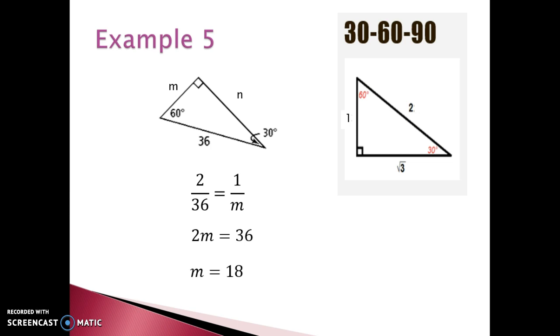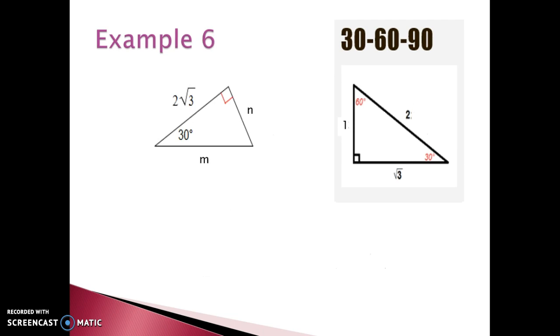I divide by 2, and m equals 18. I need to set up another proportion, so I'm going to use this 2 over 36 again, and then I'm going to do the long legs, so square root of 3 over n. I cross multiply, and 2n is equal to 36 square root 3. So I divide by 2, and I get 18 square root 3.